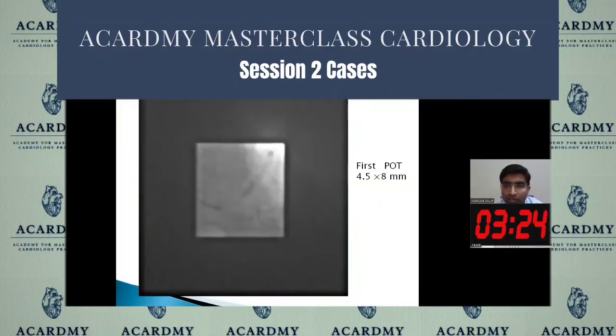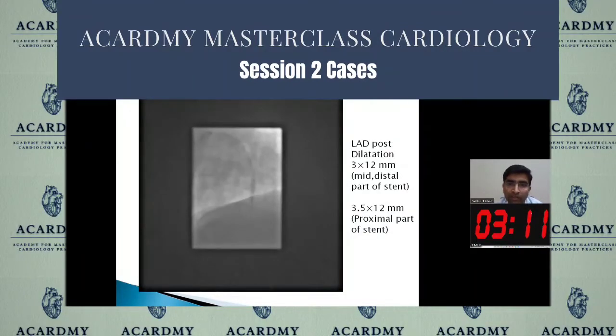After it, we did first POT with a 4.5 x 8 mm balloon, because it was an ectatic segment, and IVUS shows that in an ectatic segment we can do POT directly with a 4.5 mm balloon also.